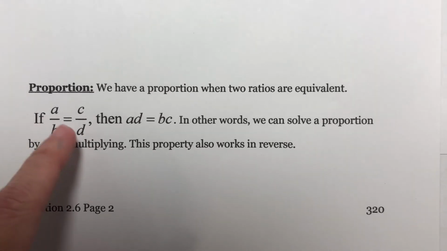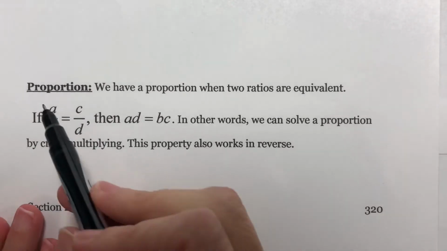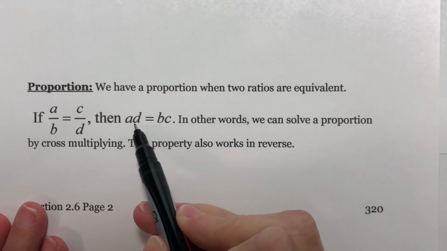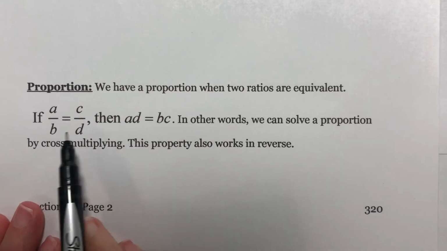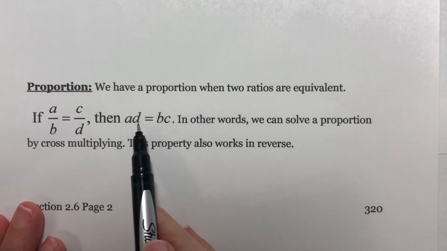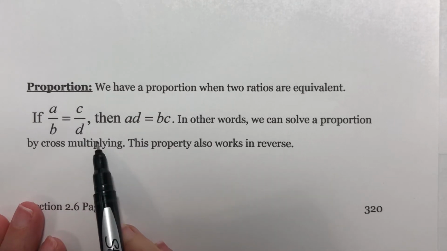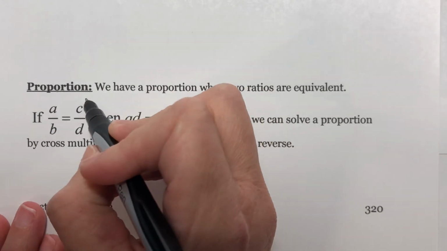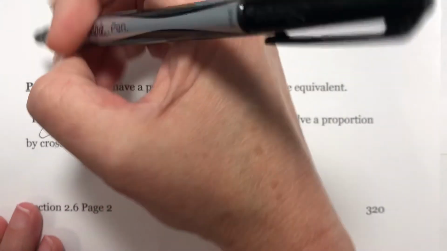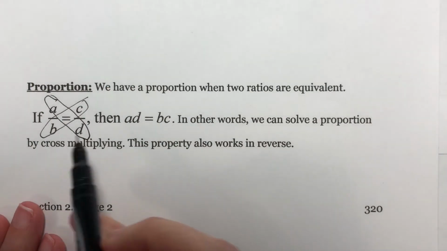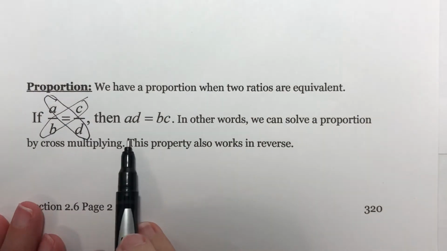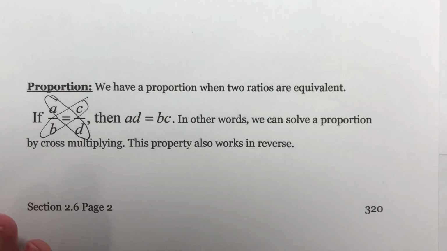So if we have 2 fractions, then A times D is equal to B times C. When you have one fraction equal to another fraction, we can cross multiply and they're equal. When you first learned fractions, you may have learned a butterfly like that, and you multiply to see if they were equal. We're doing the same thing, it's just we're going to have some variables in there.